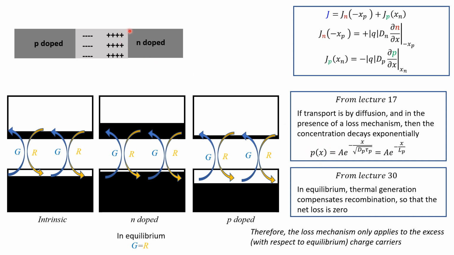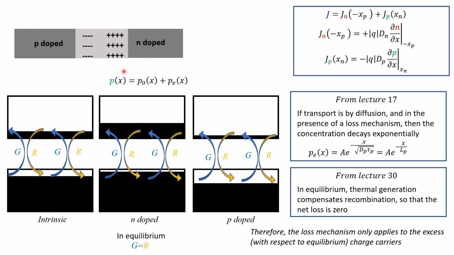After all, we have already discussed that away from the depletion region, these excess holes will all have suffered recombination, but the concentration of holes itself does not go to zero. It goes to the value of equilibrium. So the net loss mechanism applies only to the excess with respect to the equilibrium charge carrier concentration.